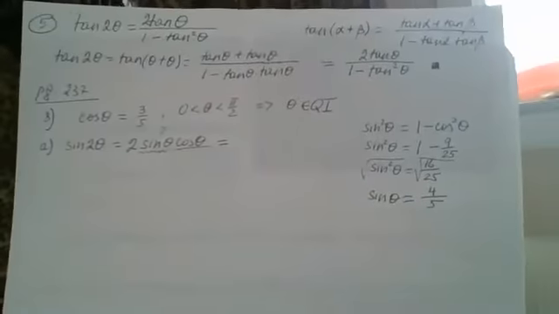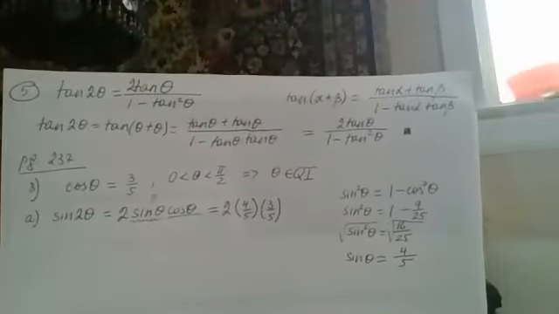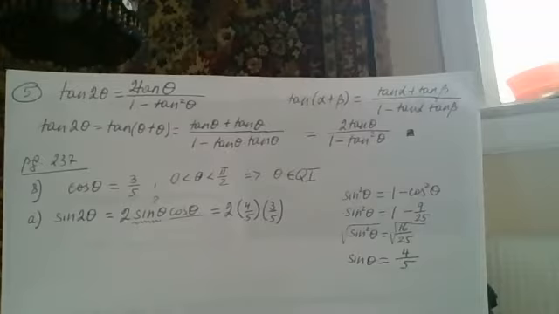I will continue. You can see I wrote an equal sign after that, and I'm writing down 2 times 4/5 times 3/5. And now I simply can multiply these numbers to get the value of that sine of the double angle. 2 times 4 is 8. 8 times 3 is 24. 5 times 5 is 25.